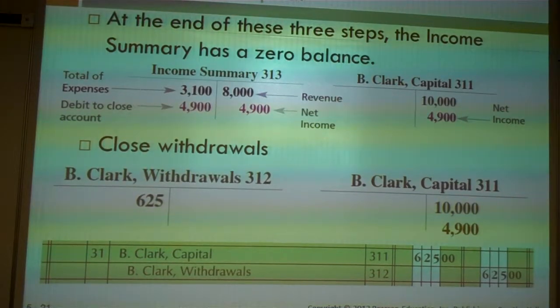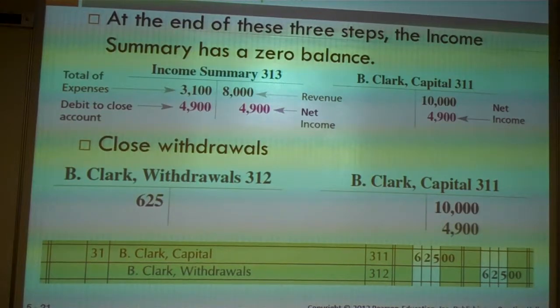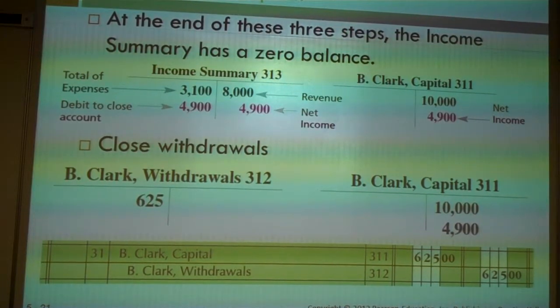And the fourth one is to close withdrawals. All right? I don't have a mnemonic for that. It's R-E-I-W. If that helps. All right, R-E-I-W. Revenue, expenses, income summary, and then the withdrawals.